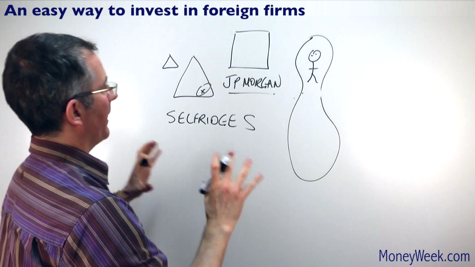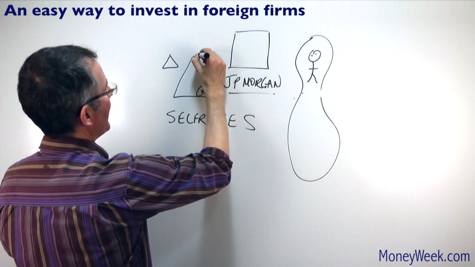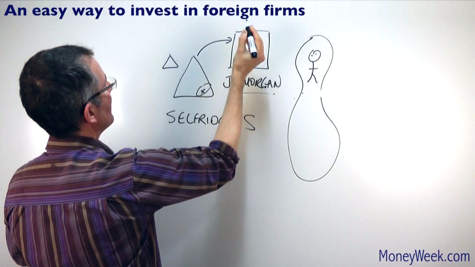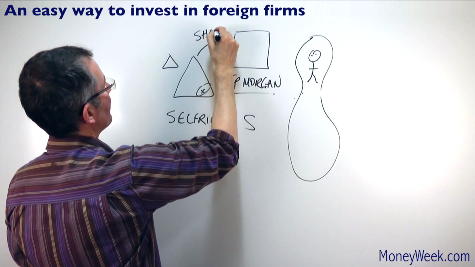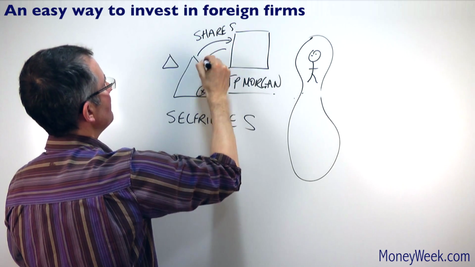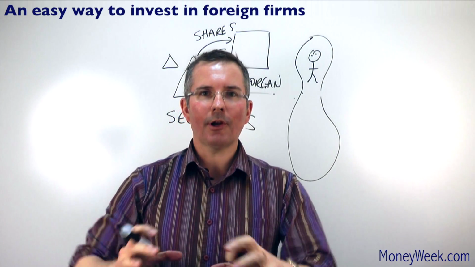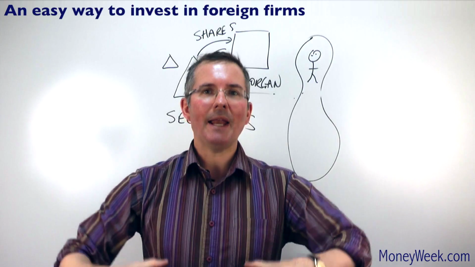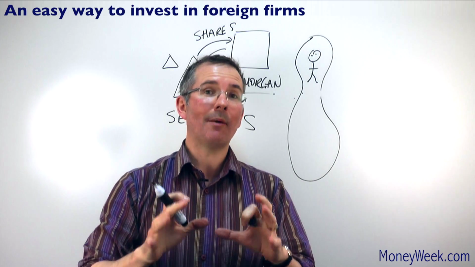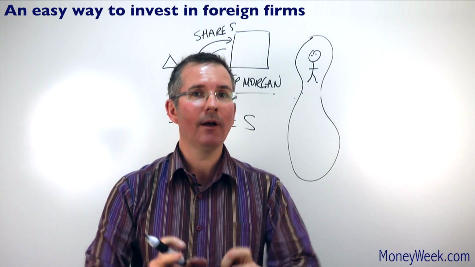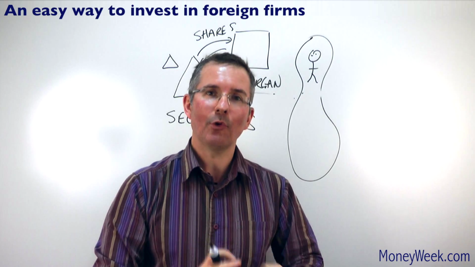All right, and what they're going to do is this. Basically, they will buy shares in Selfridges. What they'll do is hold them as a kind of custodian or depository and issue a piece of paper that represents them but isn't them to US investors, and that's called a depository receipt.